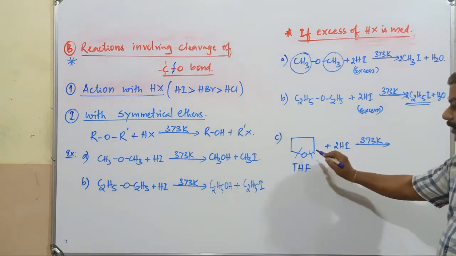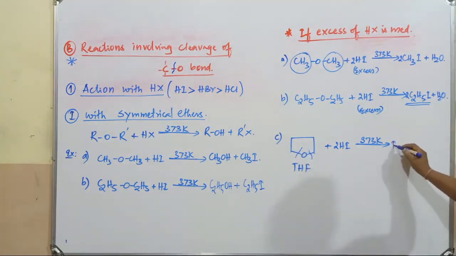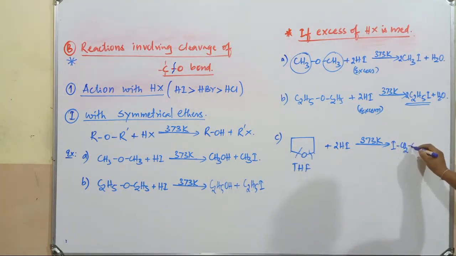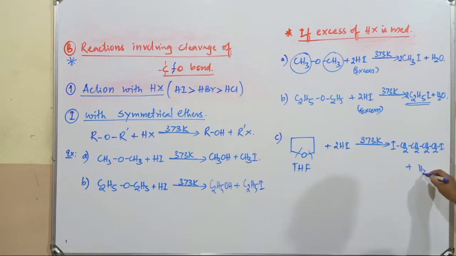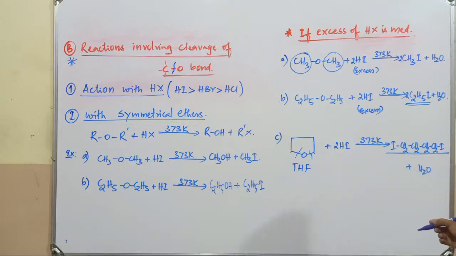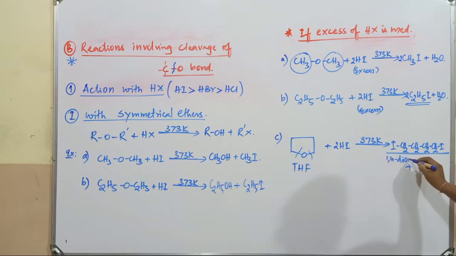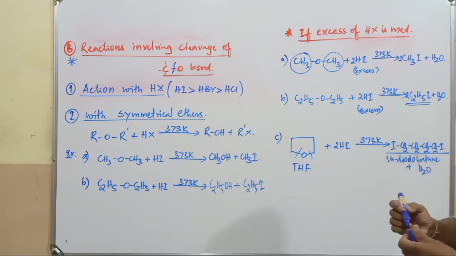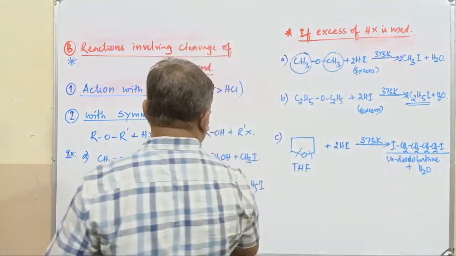One iodine acts here, one iodine acts here: ICH2, CH2, CH2, CH2I plus H2O. What is the name of this compound? 1, 2, 3, 4, so 1,4-diiodobutane is formed.